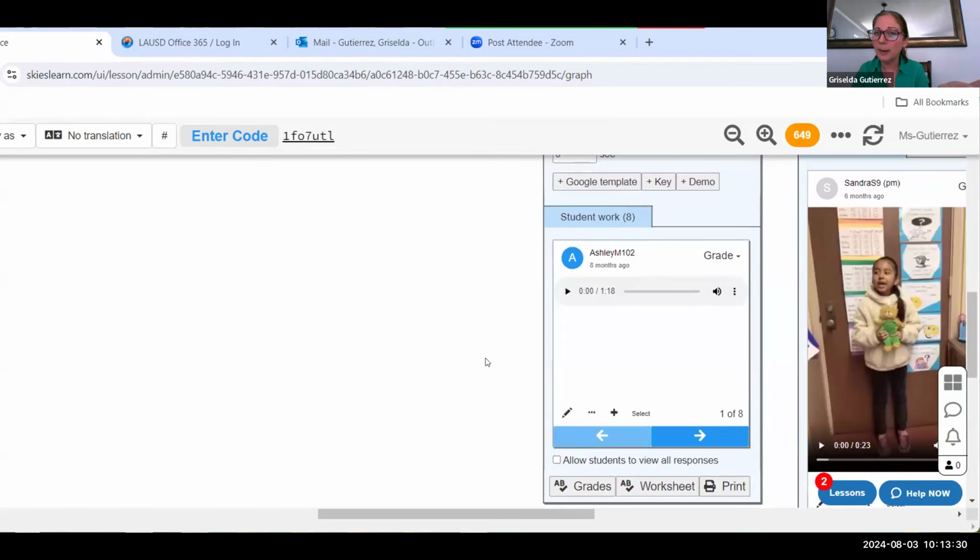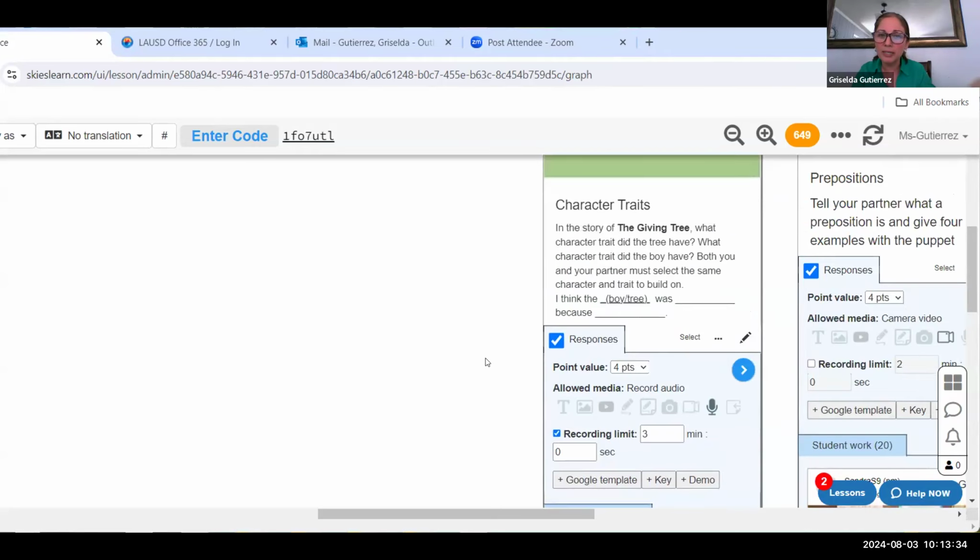After they were done, and I'm so sorry, the prompt was, in the story The Giving Tree, what character trait did the tree have? What character trait did the boy have? So you have to pick one. Both you and your partner must select the same character and trait to build on. Because they had 4 options to choose from, the first partner had to select the character and one of the traits.